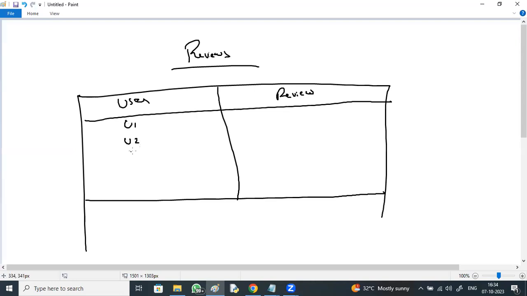User one, user two, n number of users giving the request. Now they are giving the review. User one says the movie is good, saying it in the form of zeros and ones.